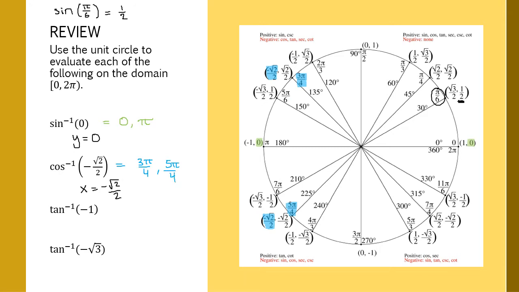Now tangent can be a little bit trickier because the tangent isn't just one coordinate. It isn't just the x-coordinate or just the y-coordinate, but it is the ratio of both. I know that tangent is y over x. So if I'm finding the inverse tangent of -1, I'm asking myself what angle gives me a y over x ratio of -1.